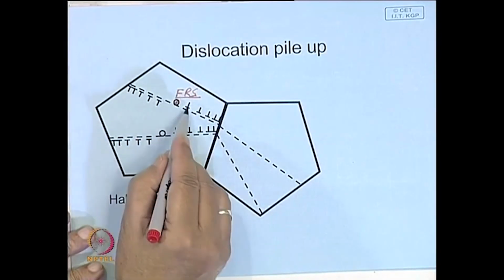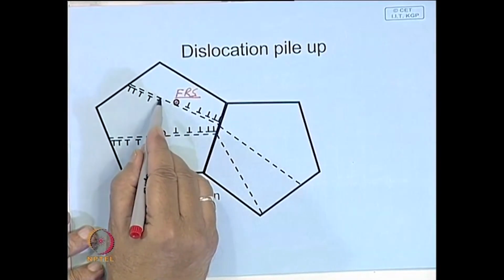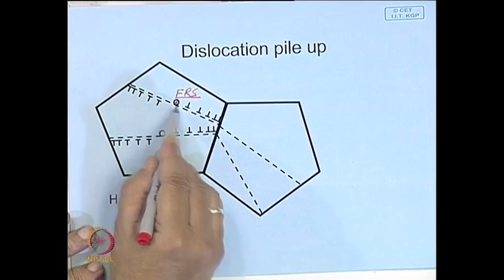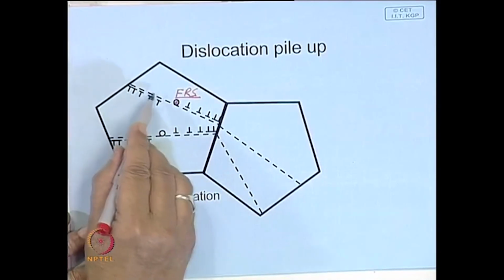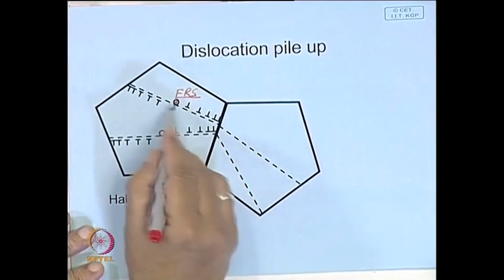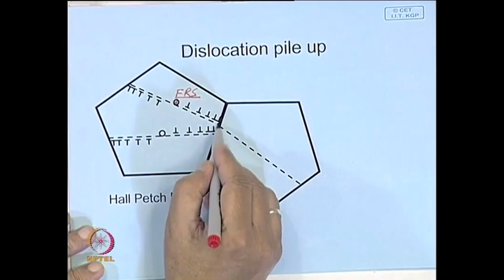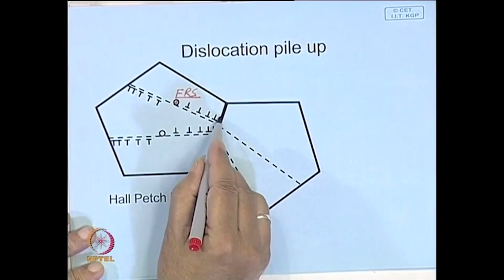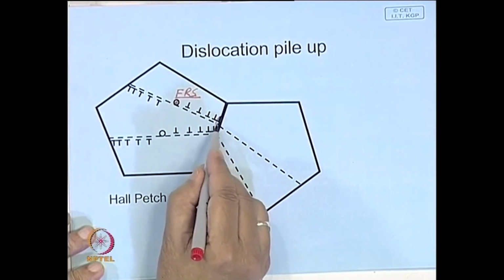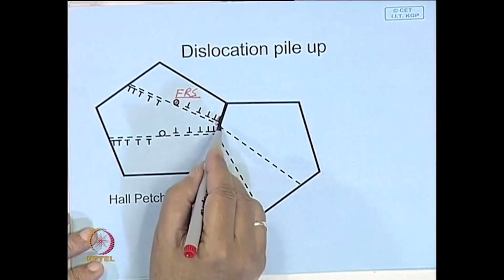It generates a loop; on one side we have given a positive sign, on the opposite side a negative sign, and this dislocation moves until it meets an obstacle. Suppose the first dislocation meets an obstacle, which is a grain boundary over here. It stops, it cannot cross this barrier. This grain boundary is a dislocation barrier.